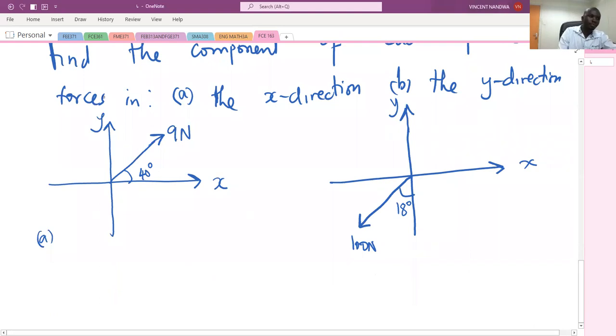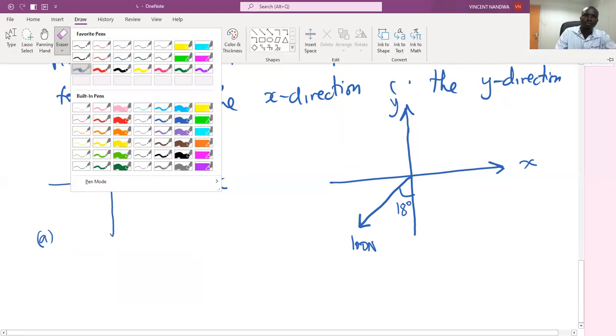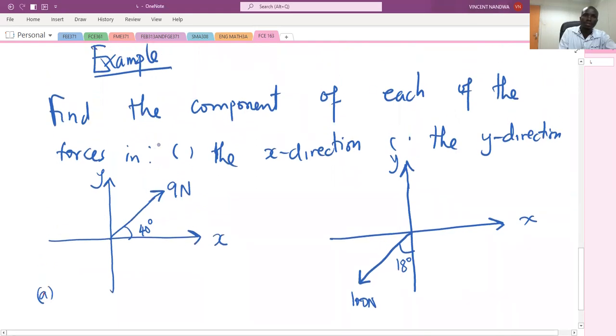Now, we'll be doing each part for both x value and y value. So we should have labeled this one Roman 1 and Roman 2. So find the components of each of the forces in Roman 1, the x direction, Roman 2, the y direction. So solution, in the first case, we'll draw a right angle triangle here.